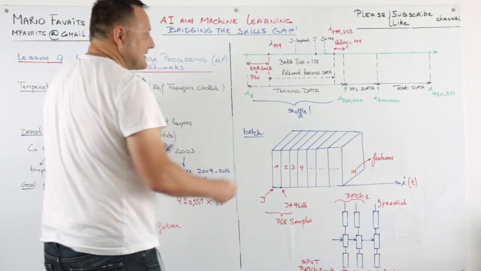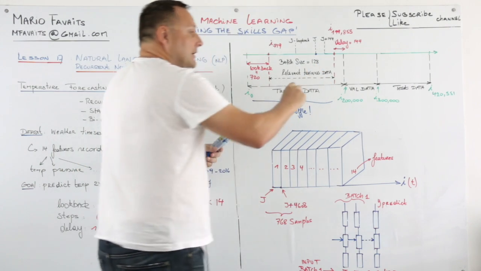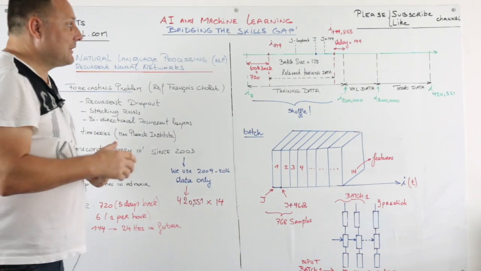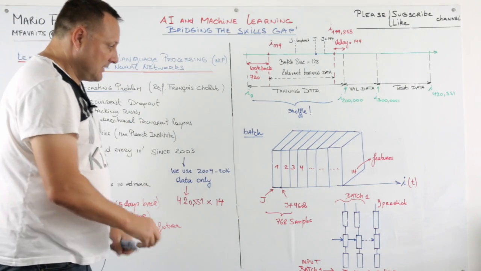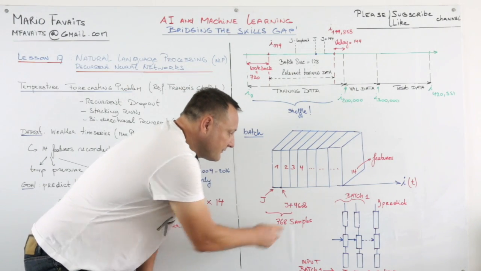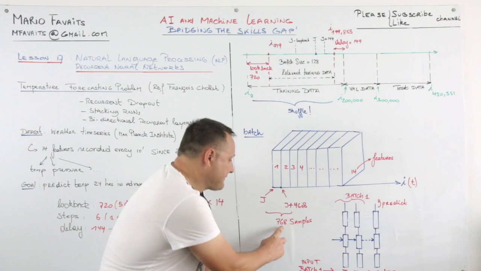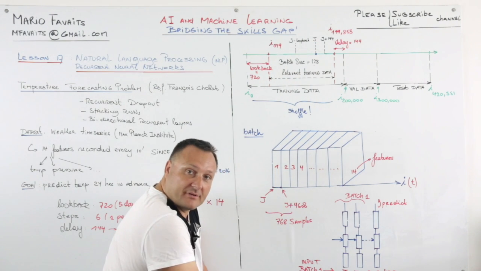Basically, this is a batch size of 128, but these are 128 hours. So if we convert that to minutes, your next j is going to be j plus 4608. And so here you have 768 samples in your batch.